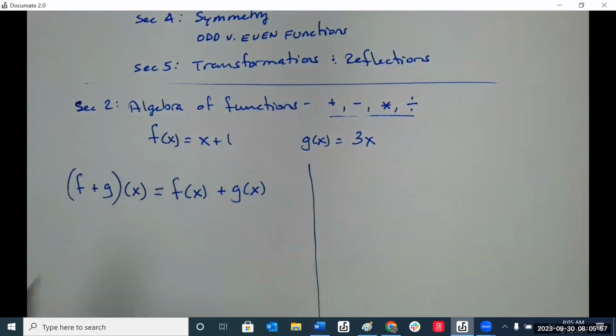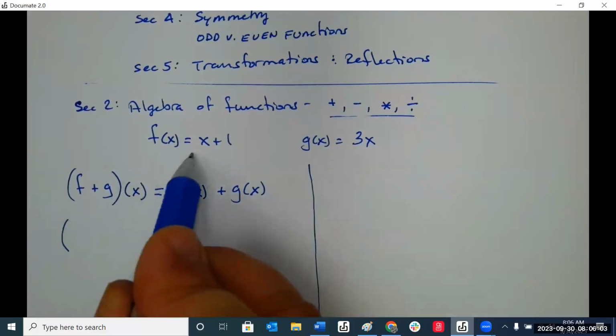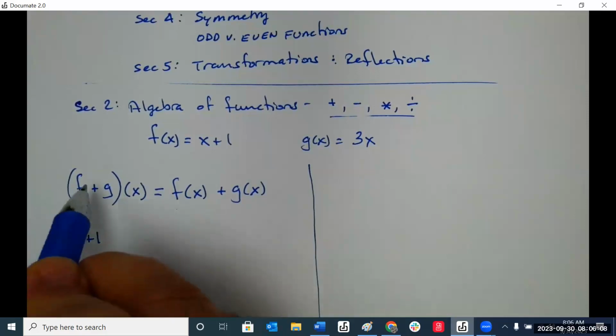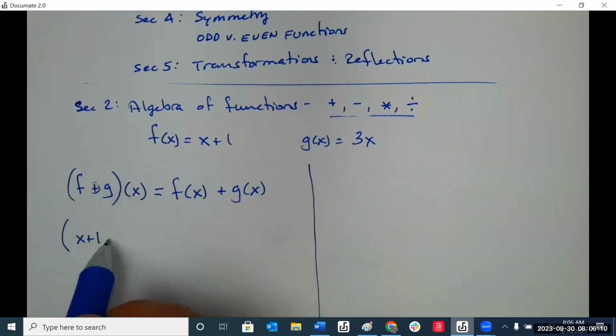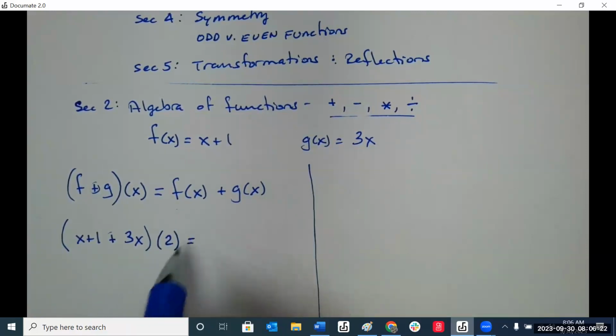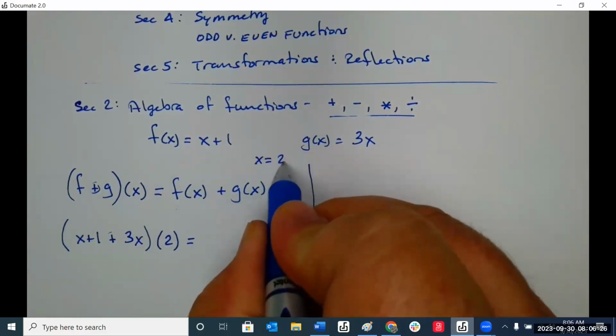So the function f is x plus 1. There's the plus sign. And g is 3x. So let's say I want it at 2. I'm going to say x equals 2 for all of these.